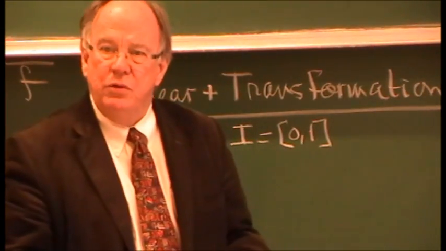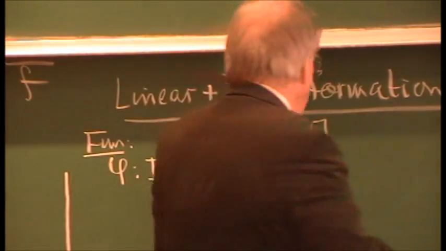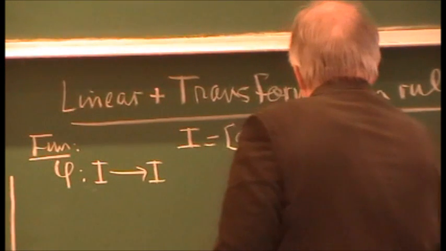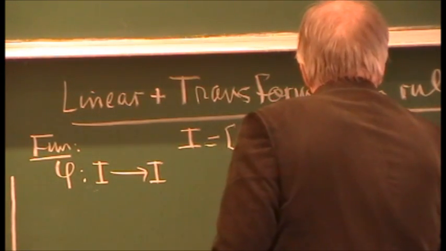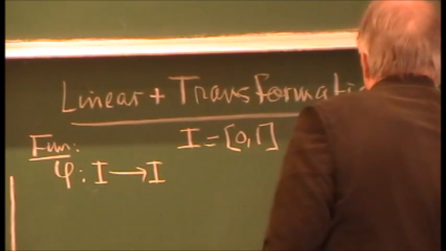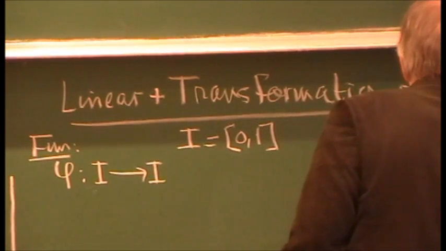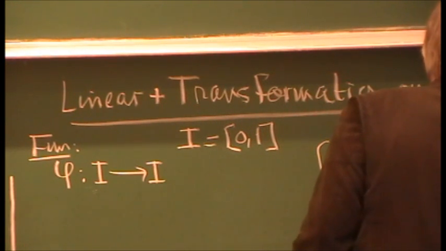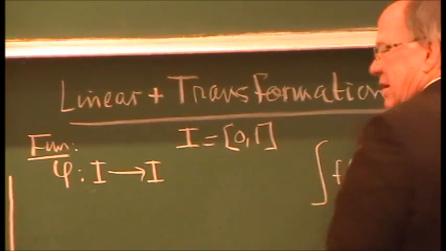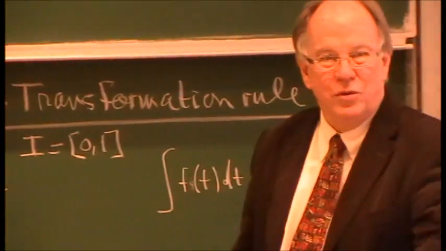So let's try this thing, a diffeomorphism. So you want to substitute a diffeomorphism, and you say, well, okay, everything's cool. The integral of f of t dt should be made an integral of f composed with phi. Some people like to write s, phi prime of s ds. Everybody writes that.